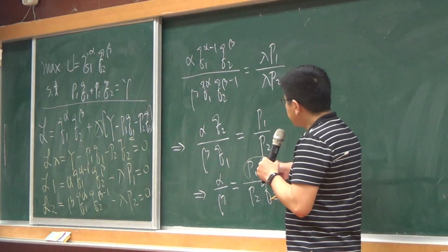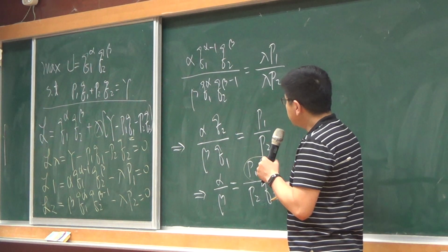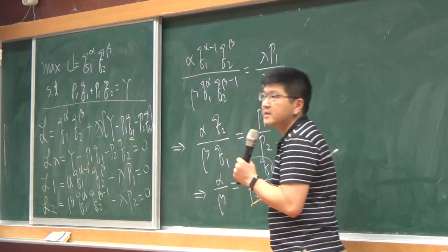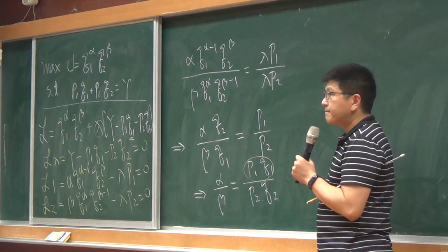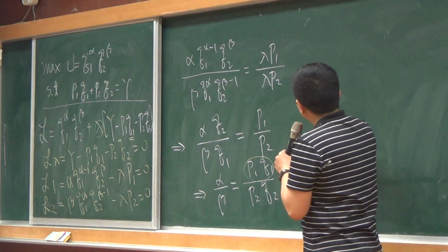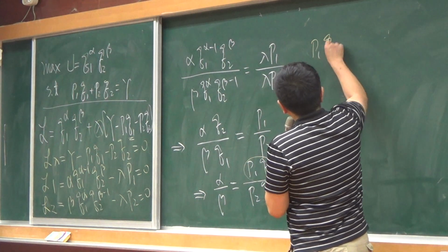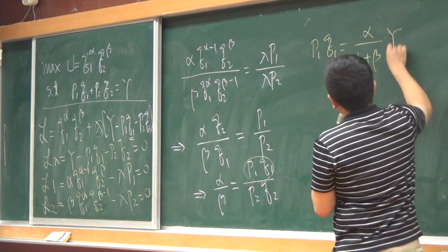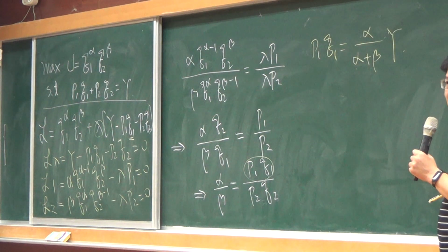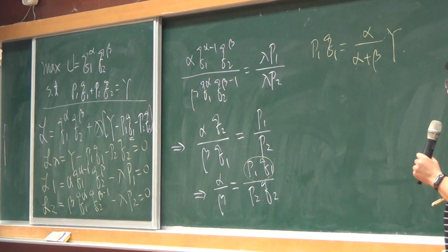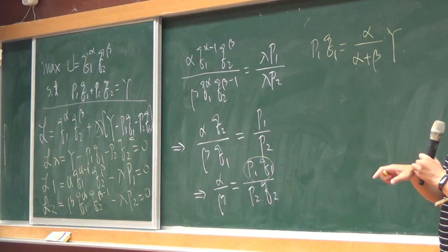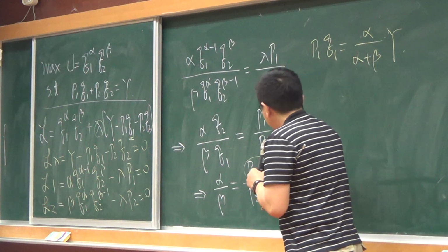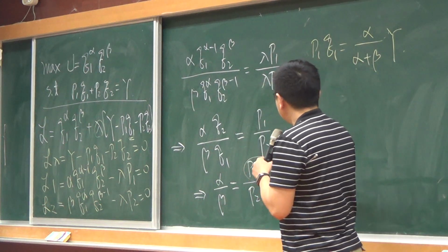So the ratio of the expenditure, the relative expenditure, would be alpha to beta. Okay? So P1 Q1 is actually alpha over alpha plus beta times Y. Is that right? Let me give you some numerical example.